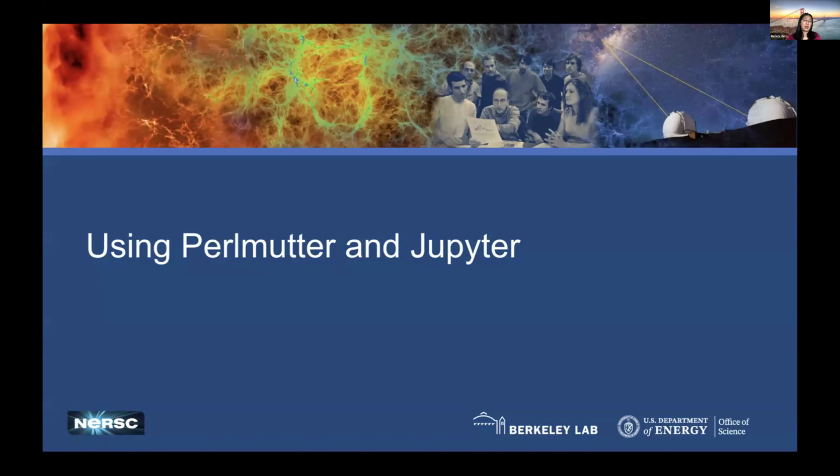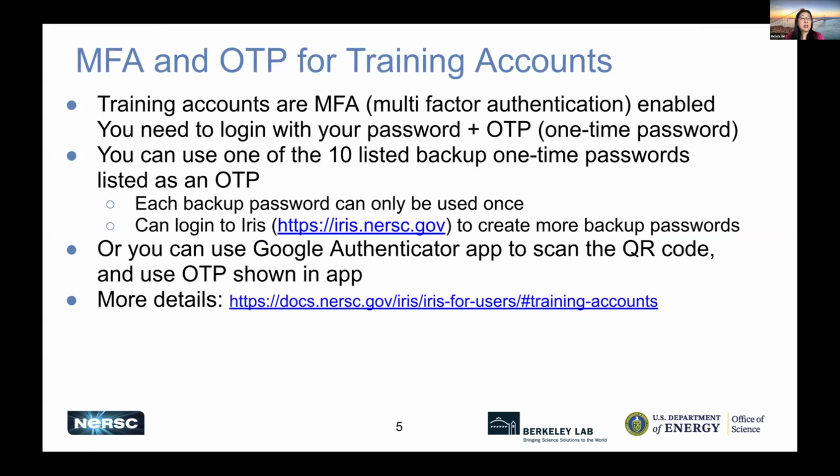I'll start with a few notes on using Perlmutter and Jupyter, especially if you are using a training account. You have to log in with MFA or OTP, and you were given either a QR code or 10 passcodes. You can use those passcodes followed by your password, or use Google Authenticator or similar apps and scan the QR code to use the OTP shown in the app.